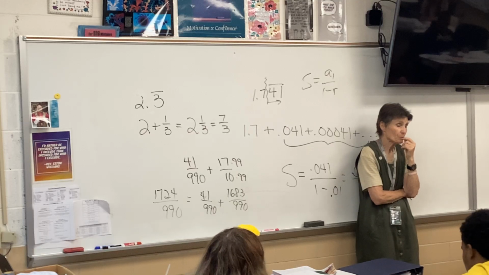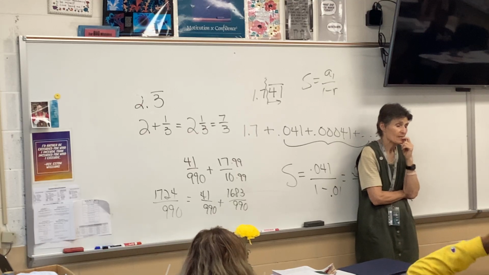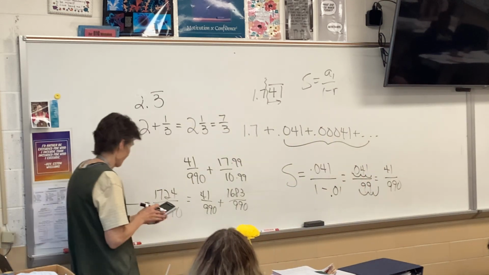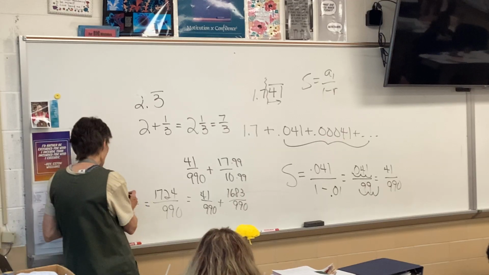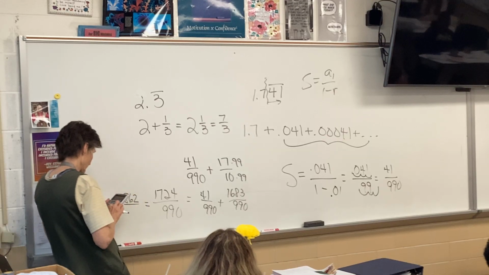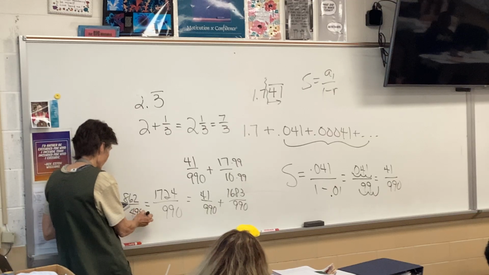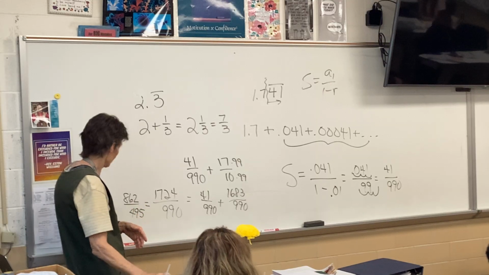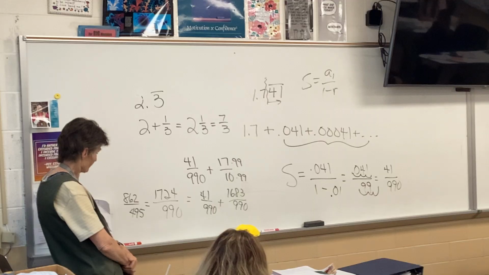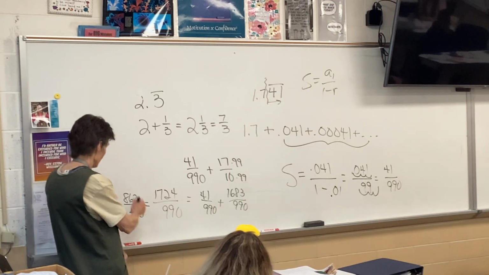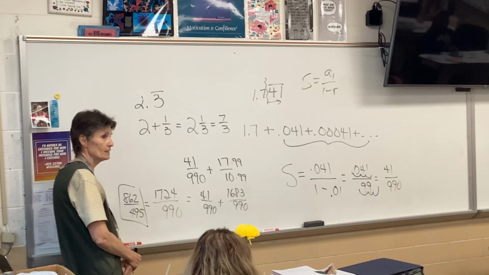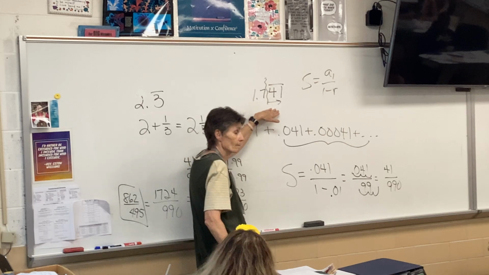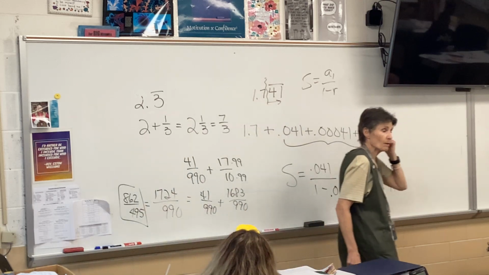Is it clear to you that 2 goes into both of those numbers? Alright, so let's take 2 out. That gives 862 over 495. Type that in on your calculator, and hopefully it says this right here. That's how we check it.